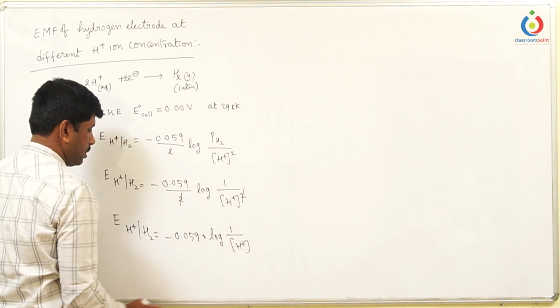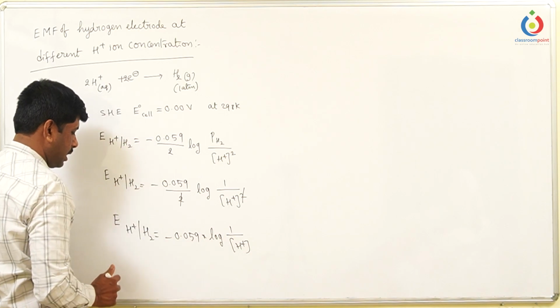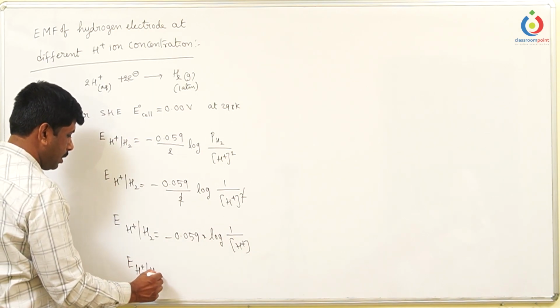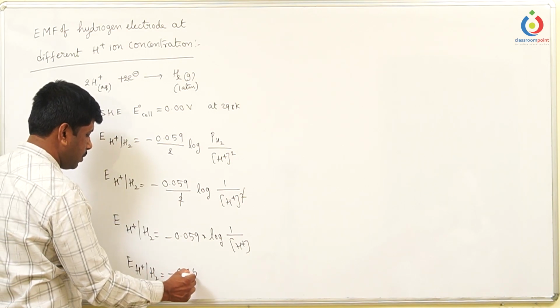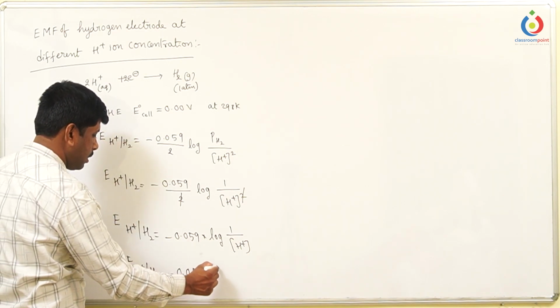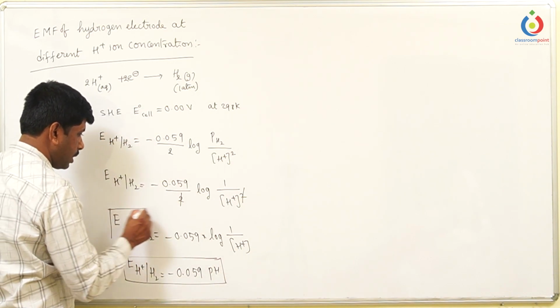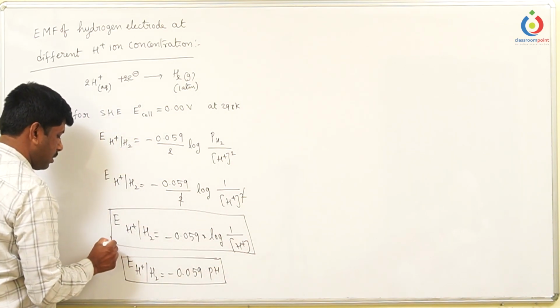Log 1 upon concentration of H plus ion can be taken as pH. So E of H plus by H2 equals minus 0.059 pH of the solution, or else if you want to take different H plus ion concentrations, you can take it here.